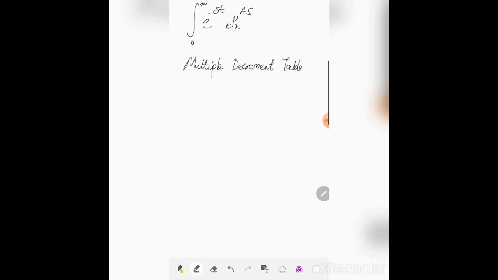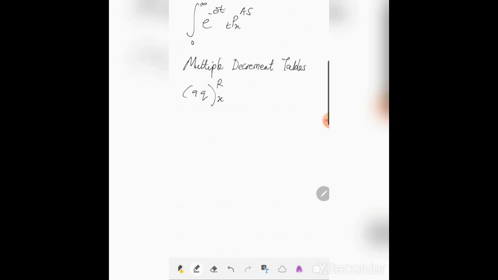In this context, we can bring in the multiple decrement tables, wherein we introduce a few new terms, A, Q, X. Probably here I'll say R means retirement. What do I mean by this?